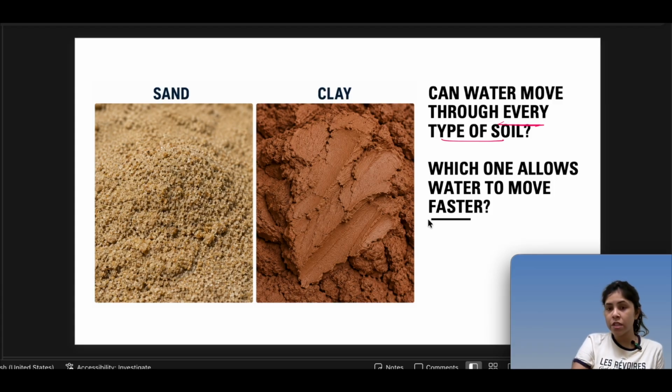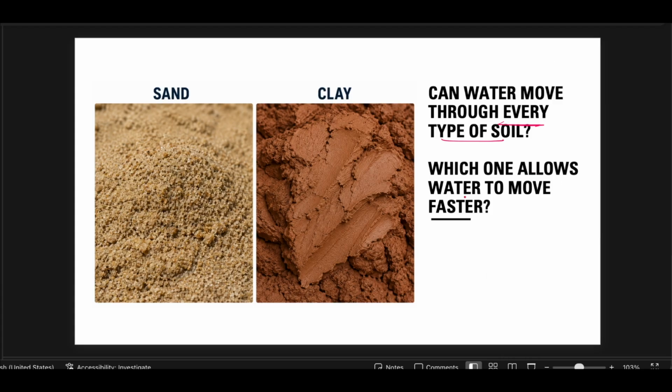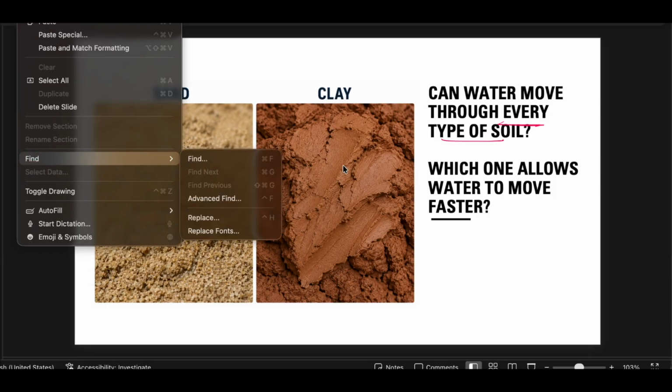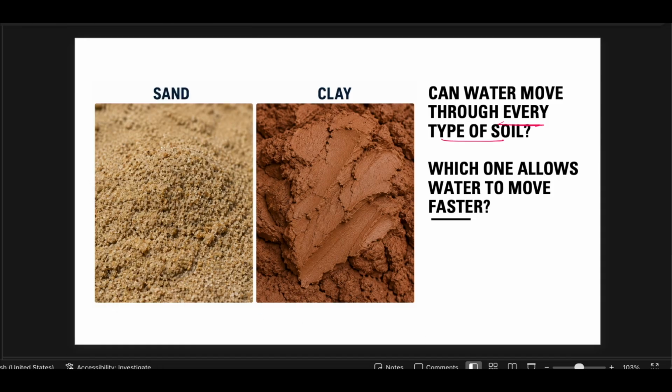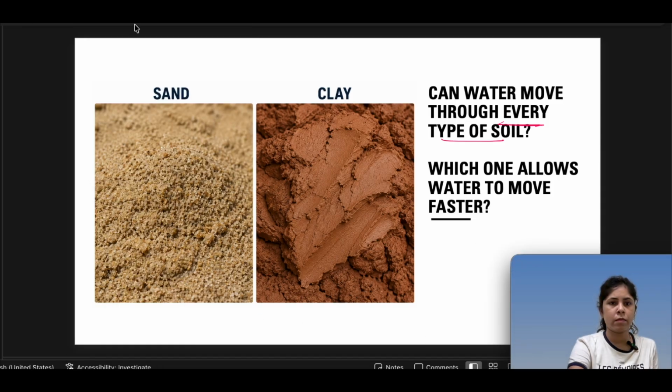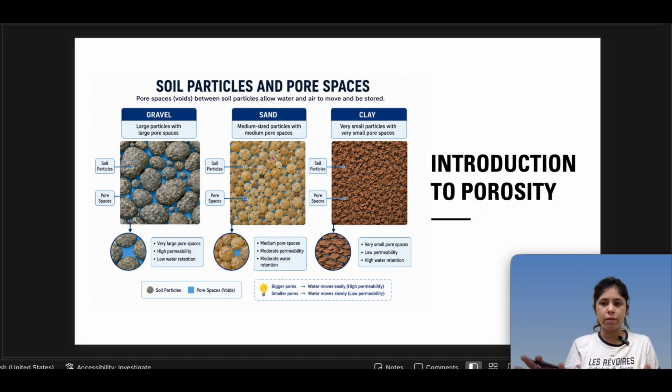So the next question is, which one allows water to move faster? It will be answered later in the video.